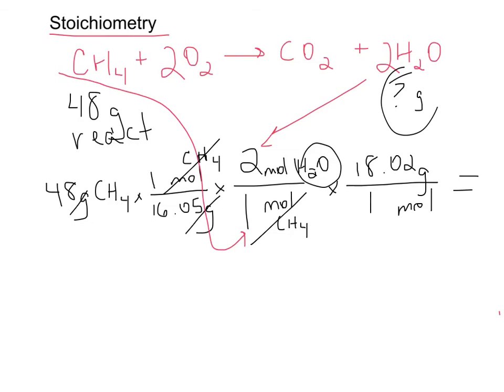I do out the math, and with 2 sig figs, I should get 110 grams. I think on my calculator I got about 108 or something like that, but I should get 110 grams of H2O. So that's how much H2O can be produced from 48 grams of CH4.